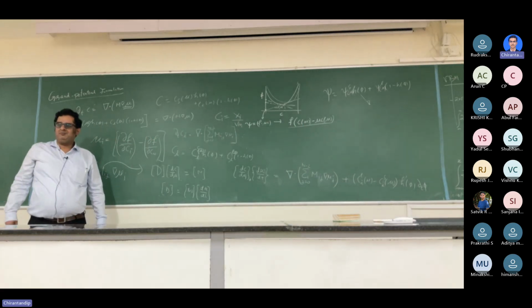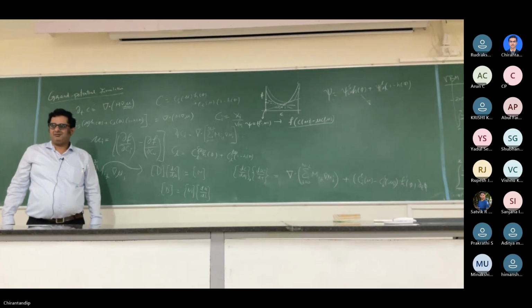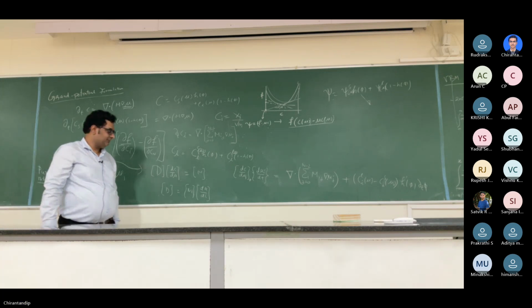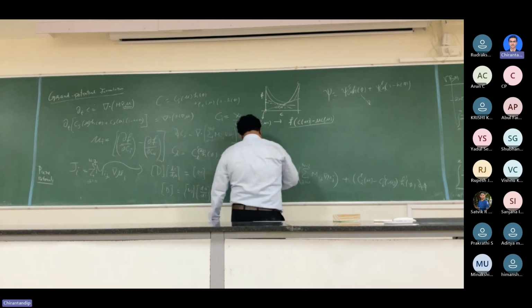So how do you solve for mu? Here is where the most expensive part of the computation is going to come.